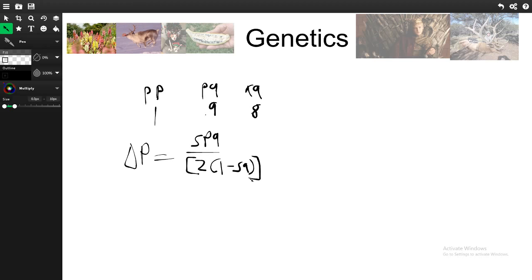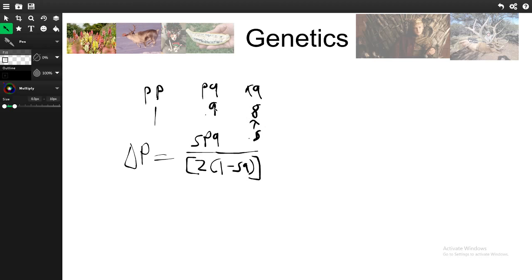And this is why we talked about what S actually means, because it's useful in these equations. So now we are solving for delta P, and we plug in our S value, which we're going to take this right here. This is our S value. Since we're solving for the frequency of heterozygotes, we're going to use this as our S value right here.